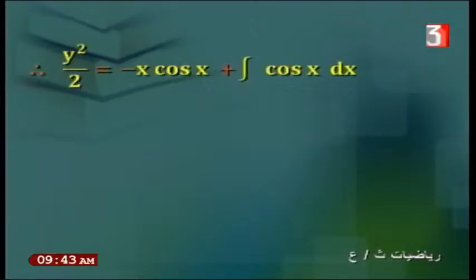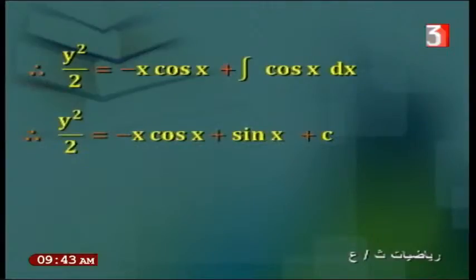The integration of the left hand side is y^2 over 2, which equals negative x cos x plus integration of cos x dx. The integration of cos x dx equals sin x, then y^2 over 2 equals negative x cos x plus sin x plus the constant c. Now, what is the value of the constant c?